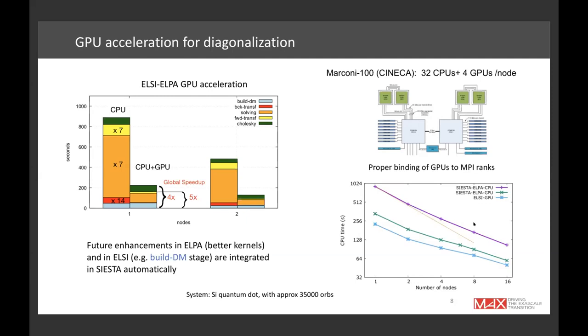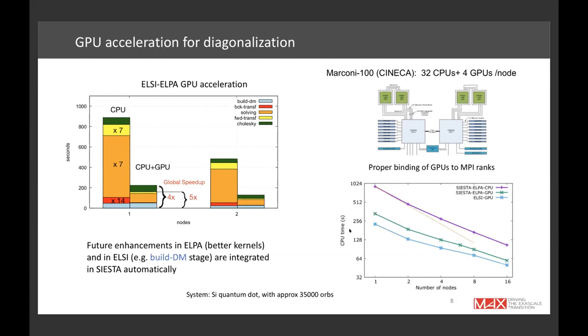When you turn on the GPUs, you get the approximately 3 or 4 times speed up, and you see a degradation of the scalability when you get to a sizable number of cores. And this degradation has to do with the fact that you're not filling the GPUs with work when you have too many nodes for a given problem size.